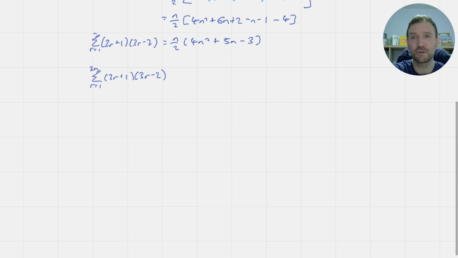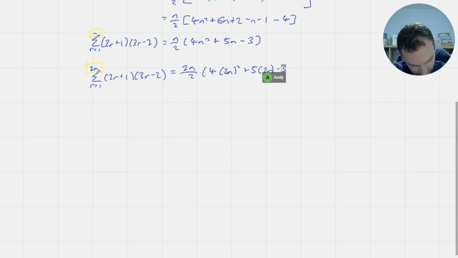Rather than having to go through a whole bunch of work again, all we want to notice here is that all we've done is replace the n with 2n here. So in our answer on our other side, we should make sure we replace all our n's with 2n. So there's going to be 2n over 2, 4 times 2n all squared, plus 5 times 2n minus 3.